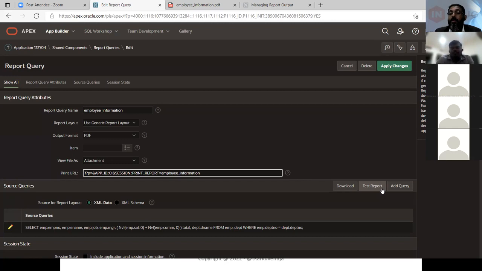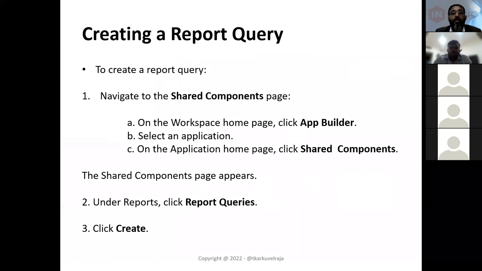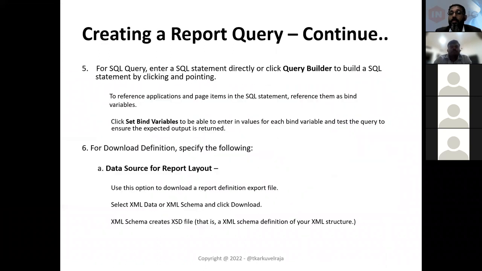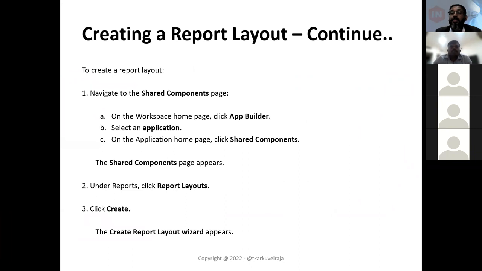Now the report is ready, but we have used the generic report layout option. Fine. So you just copy this URL, which we are going to integrate now. So scenario one is completed.